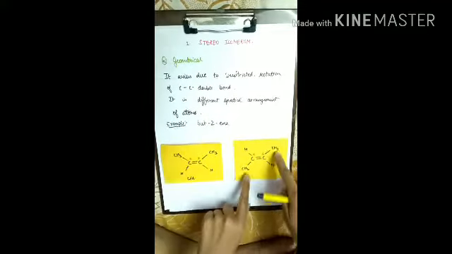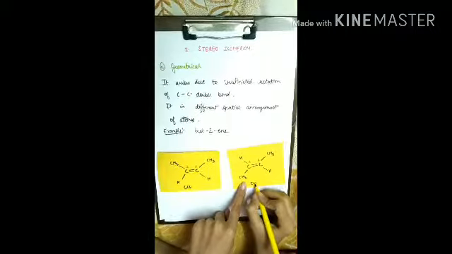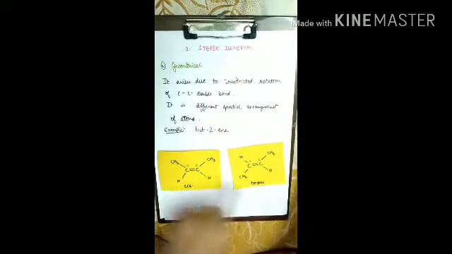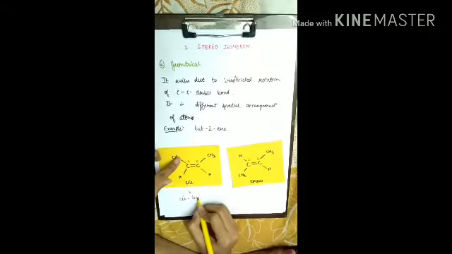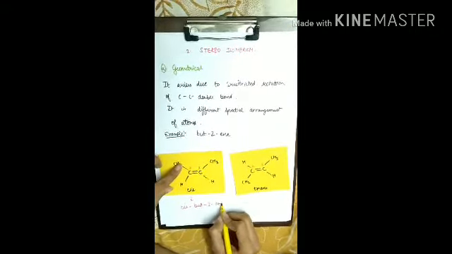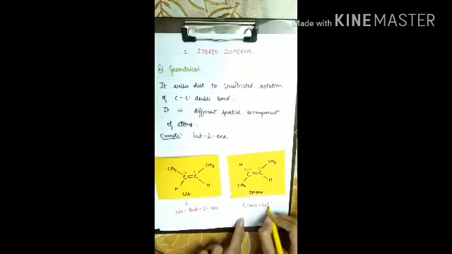And if the identical groups are present on the opposite sides of the double bond, it is referred to as trans isomer. So the name of this molecule is cis-but-2-ene, and the name of this is trans-but-2-ene.